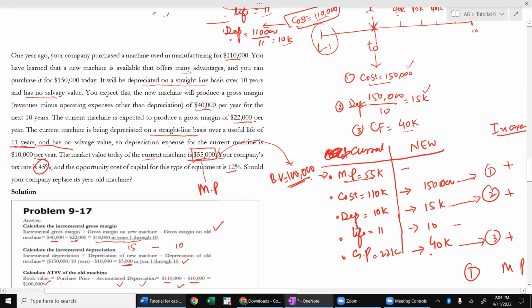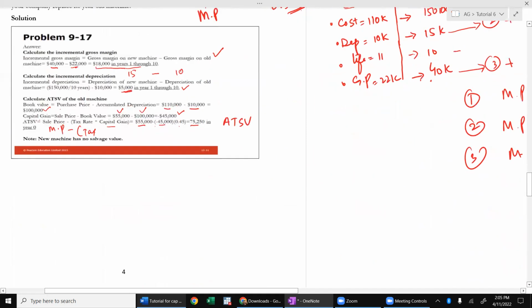The question is telling you that it has no salvage value, but sometimes the question also tells you the machine has no salvage value, but you can sell it in the market for, let's say, 10,000. So this can also happen in the question. No salvage does not mean that it does not have any market price. For instance, take an example.